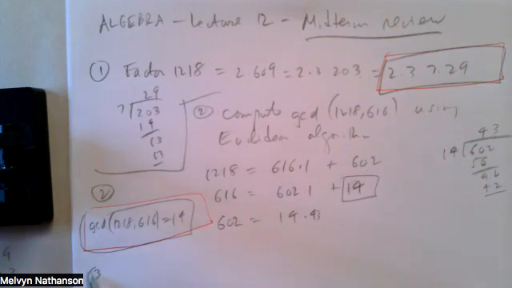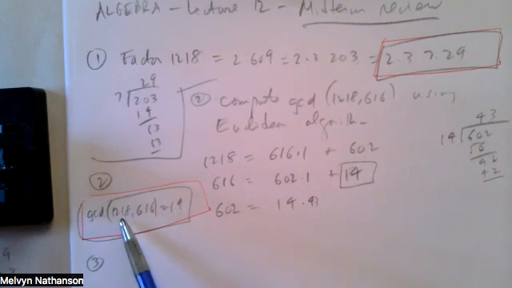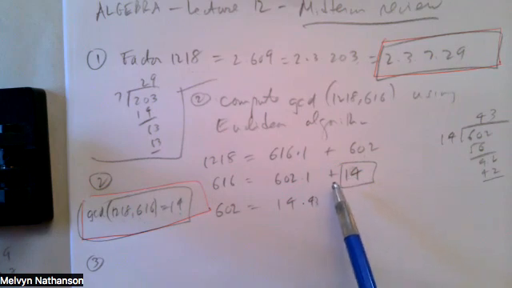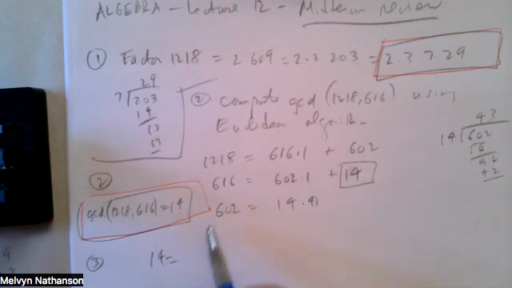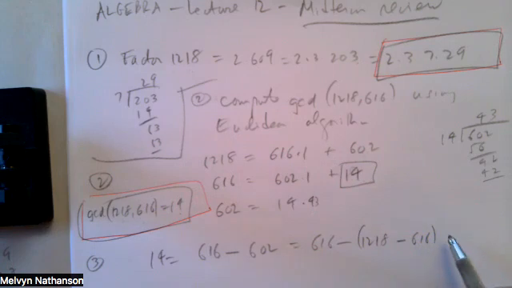Problem 3 is to write this greatest common divisor, 14, as an integral linear combination of 1218 and 616 by reversing the Euclidean algorithm. So the GCD is 14, which is equal to 616 minus 602. And according to this, 602 is 1218 minus 616.